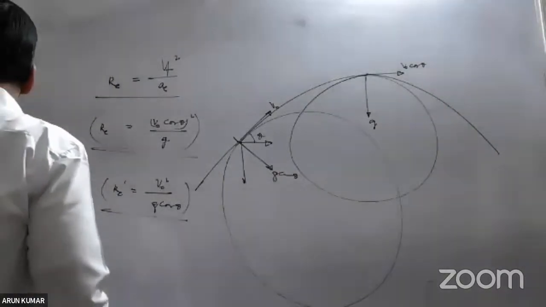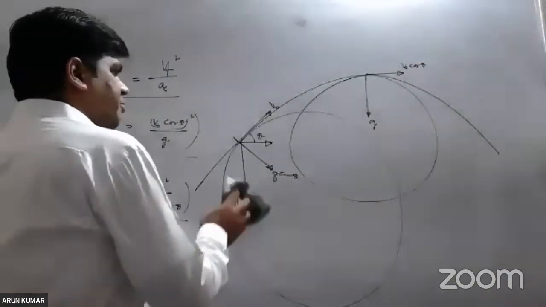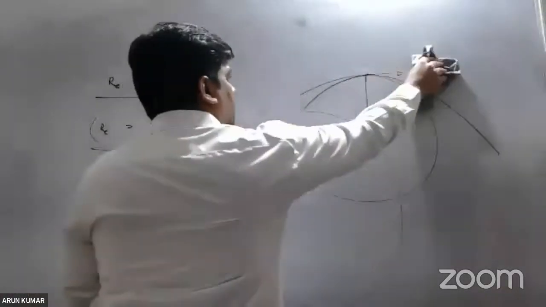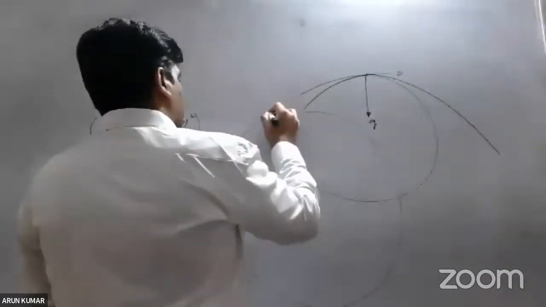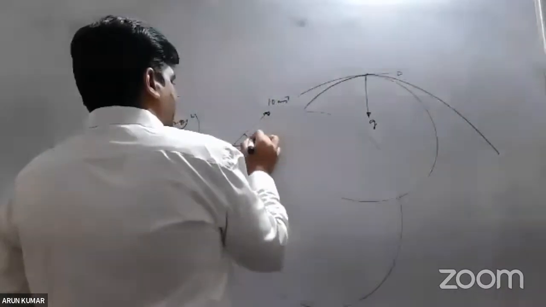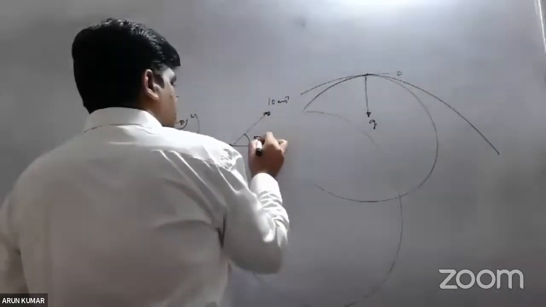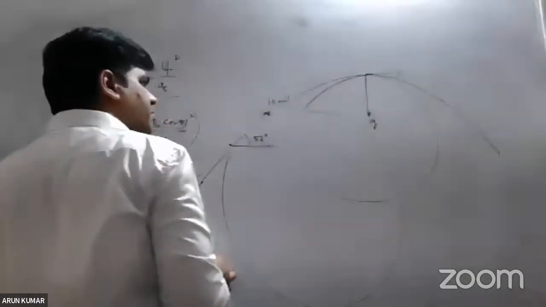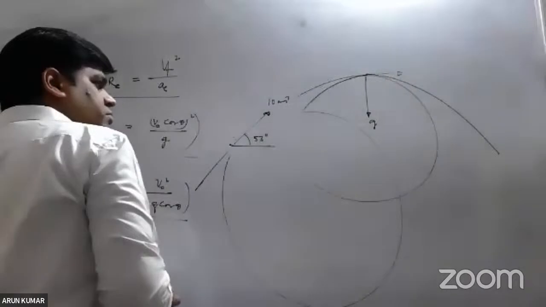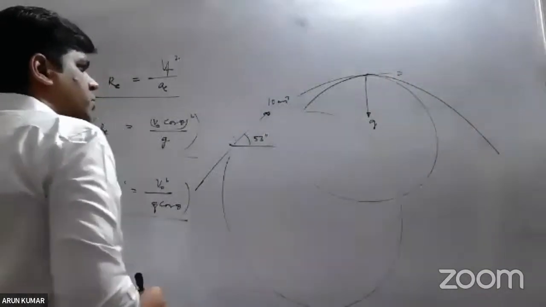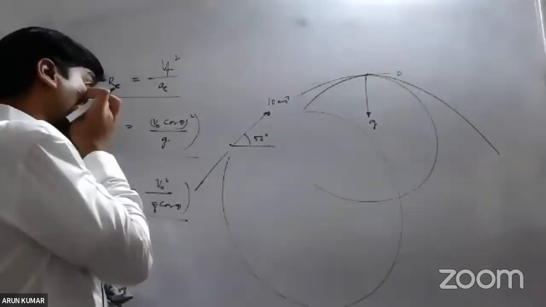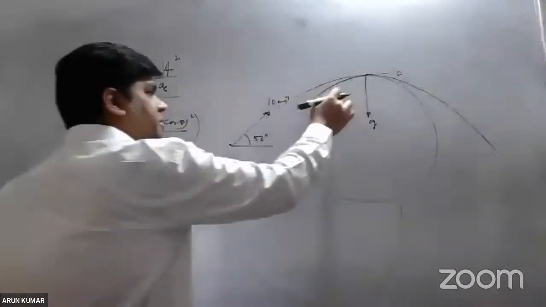All right. Now, I'll give you some values. Let me know the radius of curvature at the peak point. Projected at 10 meters per second at an angle of 53 degrees. I have to determine the radius of curvature at the peak point.